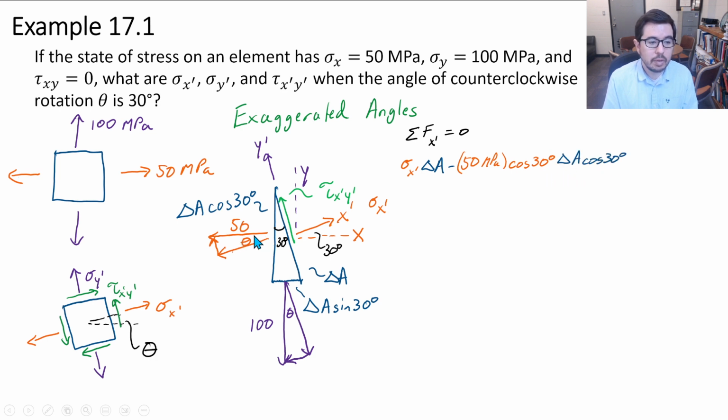And this vector is acting right in the x direction, but the component that's acting in the same direction as x prime is the adjacent. It's this vector right here. So this is where we get 50 megapascals, that's the hypotenuse, times cosine of 30 degrees to get this contribution.